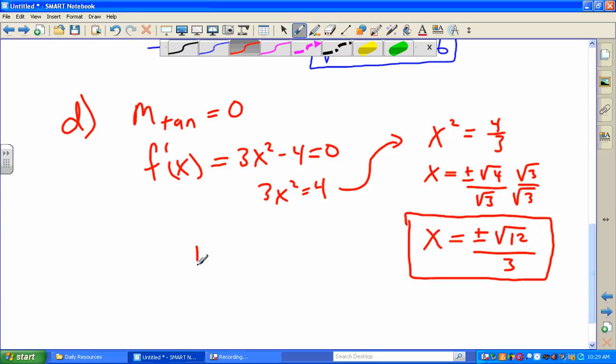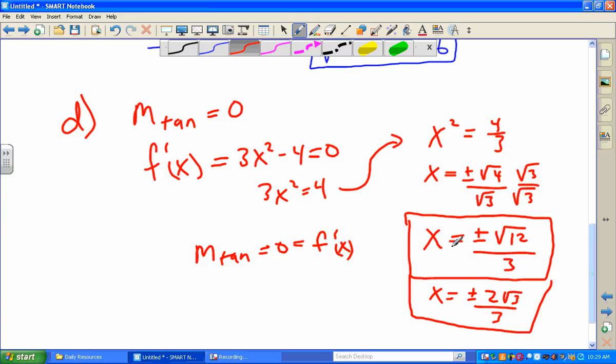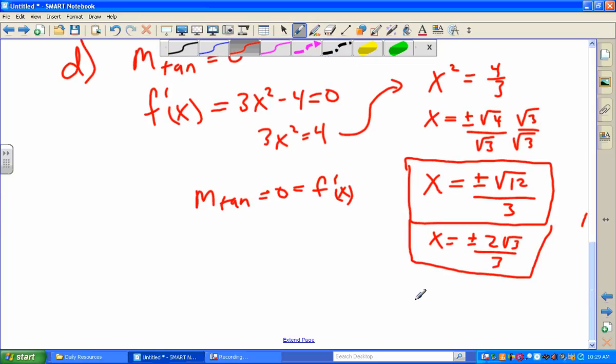That is where the slope of the tangent line equals 0, because that means where the derivative equals 0. Plus or minus square. Hey, wait a minute. That's the same thing as x equals plus or minus 2 square root of 3 over 3. Sorry about that. Didn't simplify it all the way down. I'm sure somebody in the room caught that. I was busy looking out the window at somebody else.